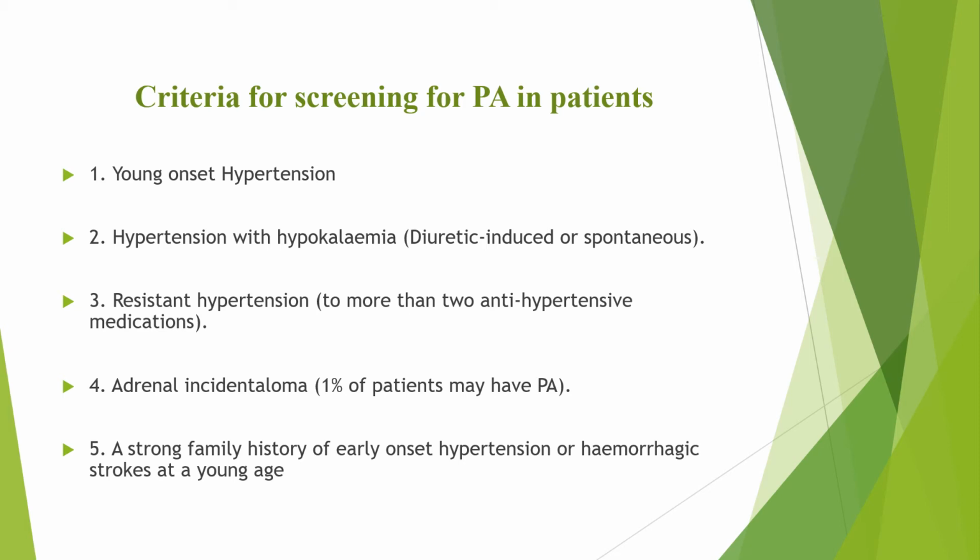Very important finding to screen that patient for primary hyperaldosteronism. Number 3, resistant hypertension. Number 4, adrenal incidentoma. Number 5, strong family history of early onset of hypertension or hemorrhagic strokes at younger age. So in all these patients, you have to screen for primary hyperaldosteronism.